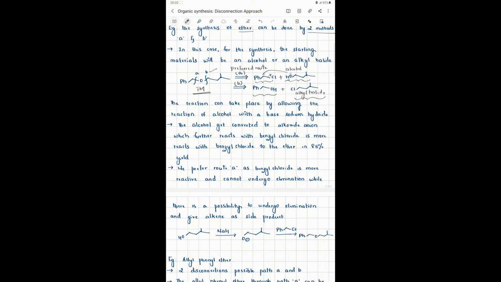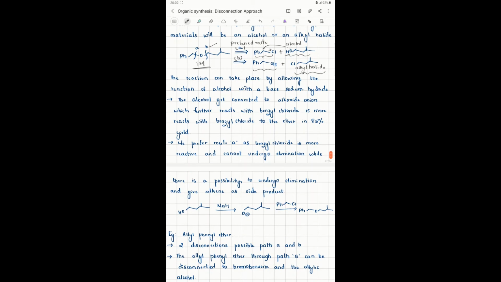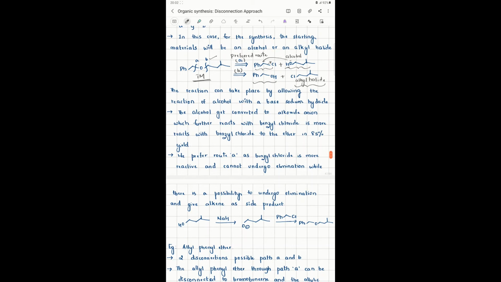We prefer route A because benzyl chloride is more reactive and it does not undergo any elimination reaction. We can observe here that there is no chance of undergoing any elimination reaction. But when I observe route B, there is a presence of an alkyl halide. This alkyl halide can undergo an elimination reaction and hence route B is not the preferred route for the synthesis of this particular ether system.